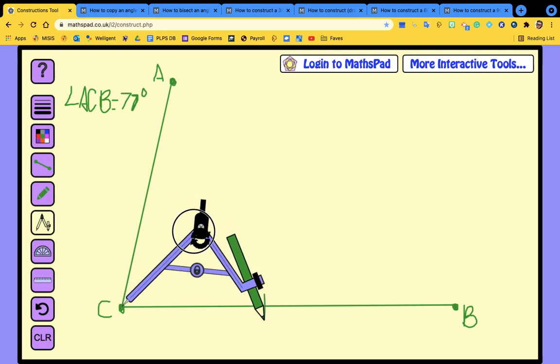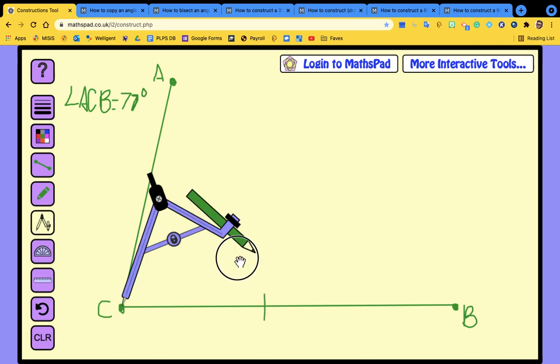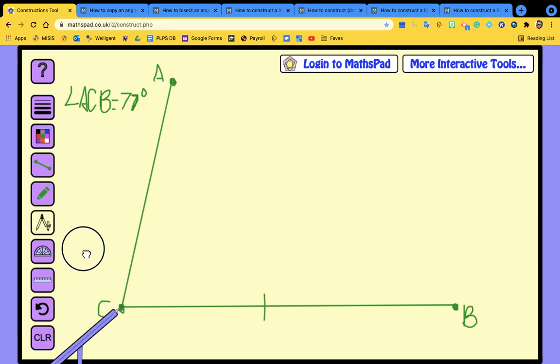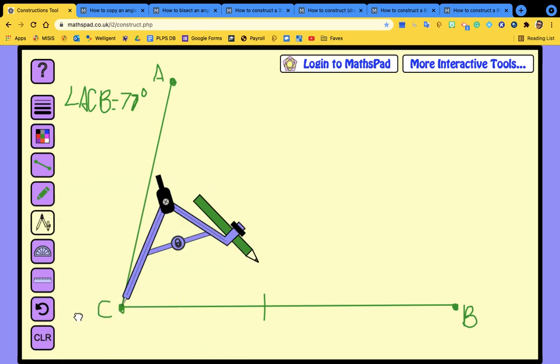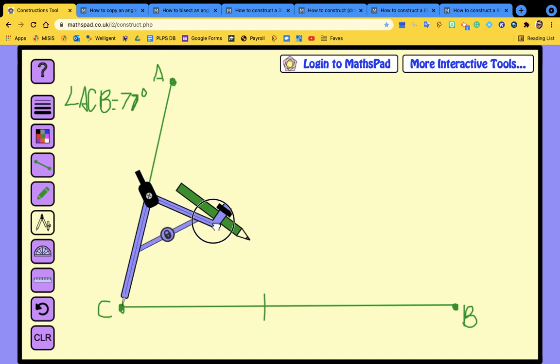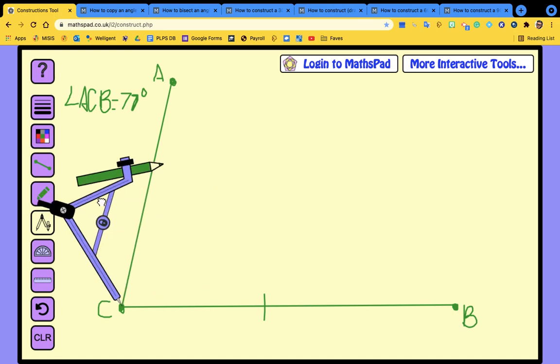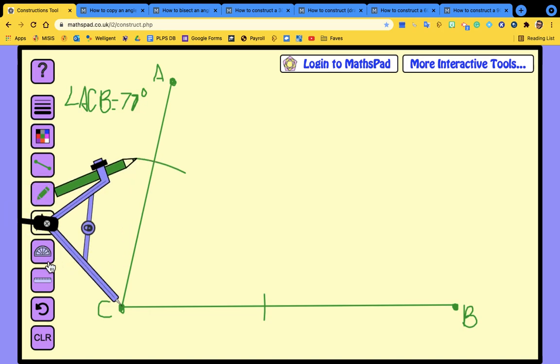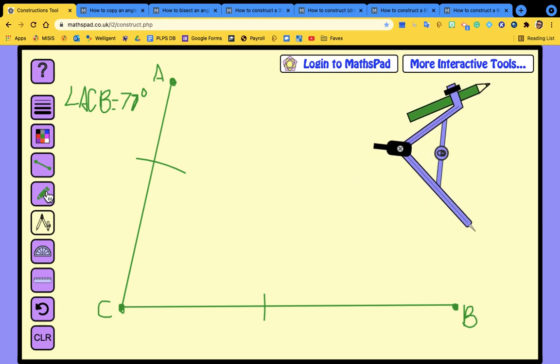I'm going to do a little arc here on CB, and then I'm going to move my compass, which is not cooperating with me because this is what happens when you digital, right? Okay, now it is. I'm going to draw another little arc right here, just like that. Look at that. So let me move over this guy. And I'm going to call this A, B, C, D, right? And I'm going to call this point E, just like that.